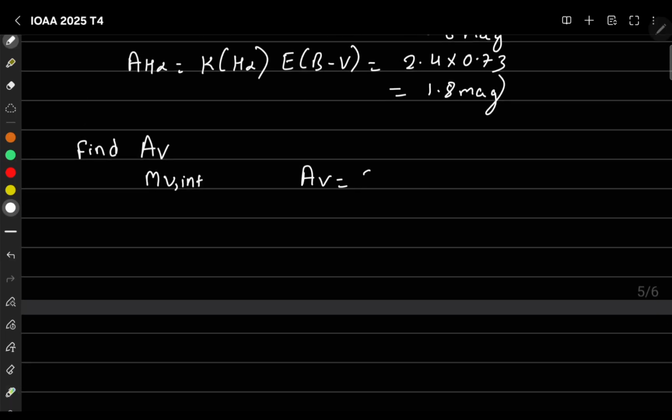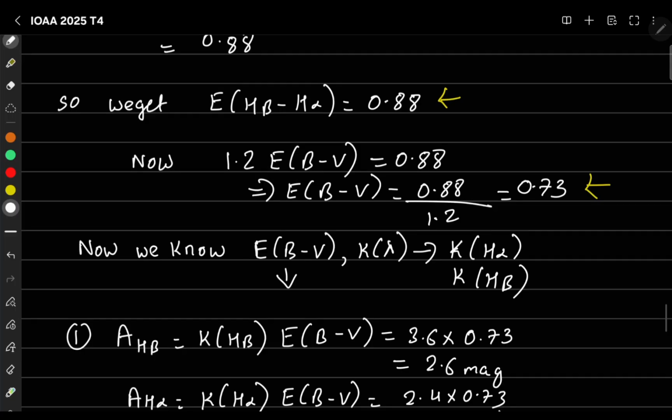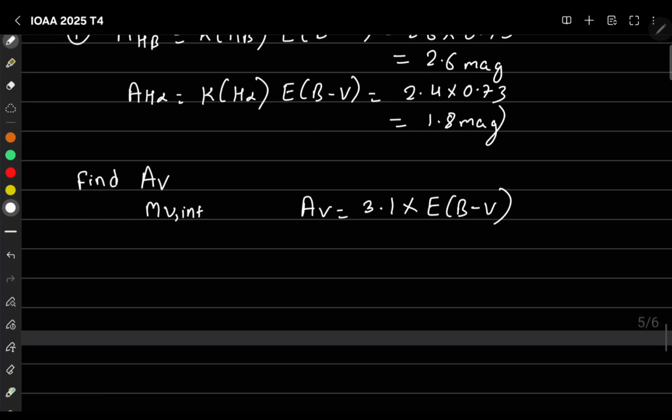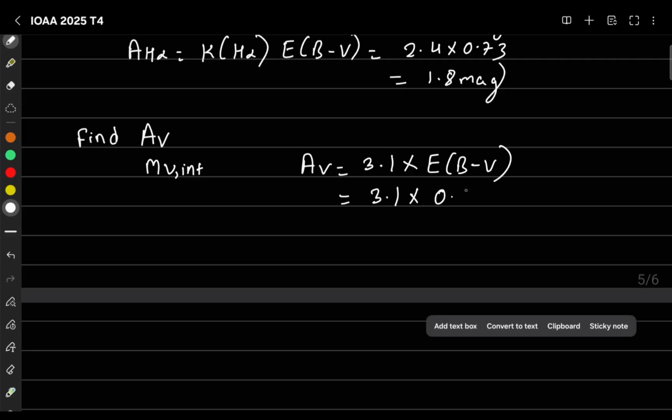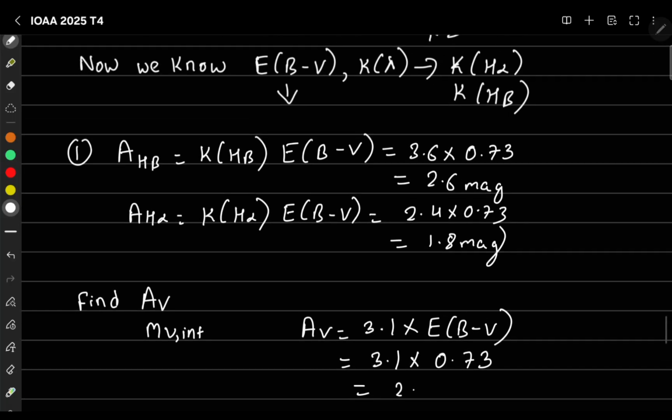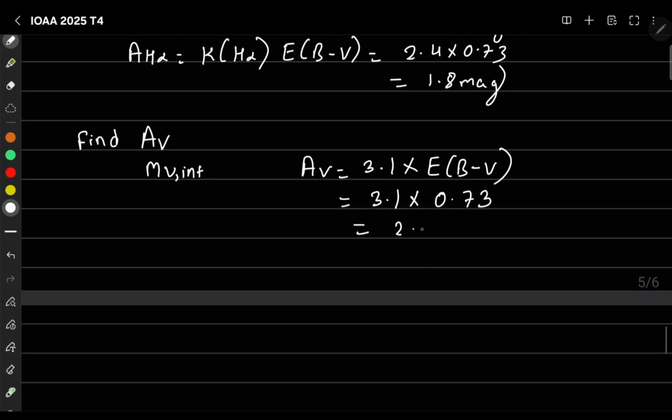I can write A_V as 3.1 multiplied by E(B minus V), and we already found E(B minus V), which is 0.73, so 3.1 times 0.73 turns out to be 2.3.